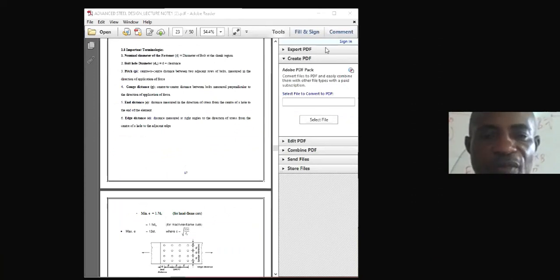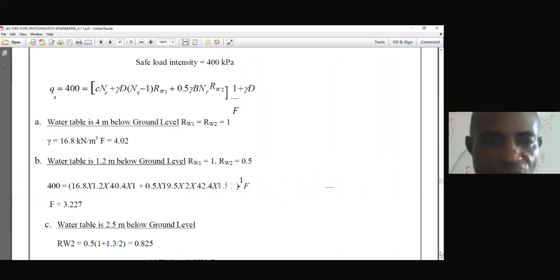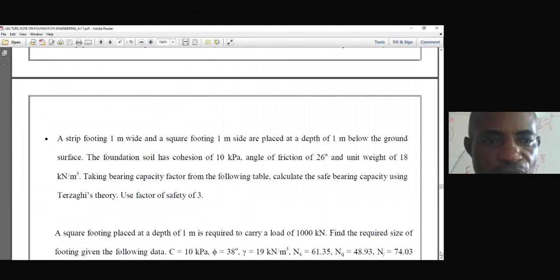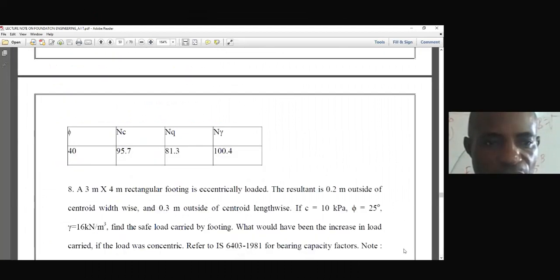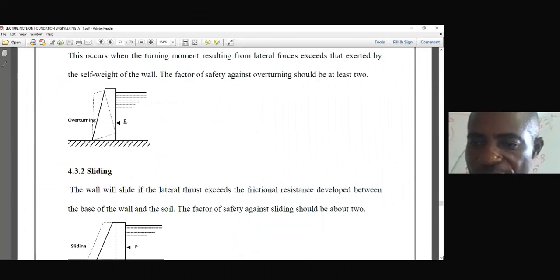Yes, so come back to this. Then we need to go on to retaining walls.